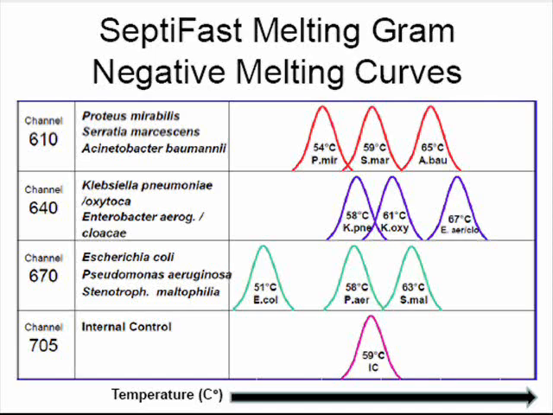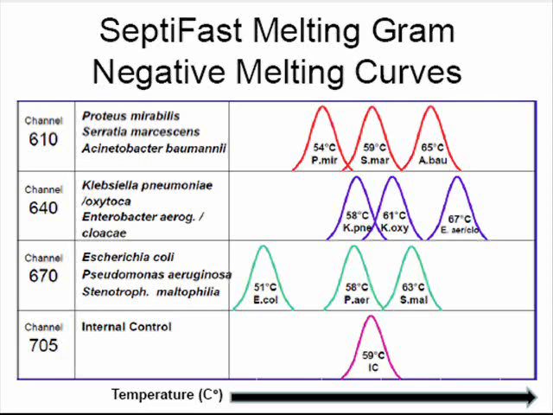You can see that the two peaks that are very close together are for Klebsiella pneumoniae and Klebsiella oxytoca. They are showing melting points of 58 degrees Celsius and 61 degrees Celsius. These two melting curves, as an example, show that two closely related organisms, due to polymorphisms in the sensor probe sequence, allow some resolution in differentiating between these two organisms.